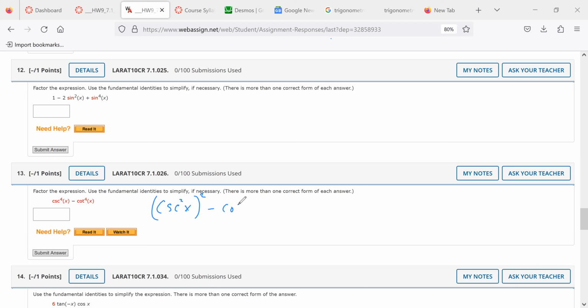Minus cotangent squared. So this will become the difference of squares, right? Using the formula.